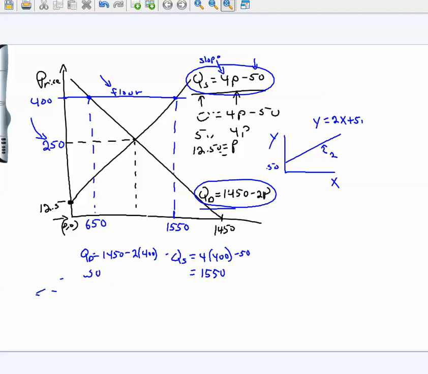We have a quantity demanded over here at 650. So this right here is a surplus, and if I did my math right, the surplus would be 900 units. 900 units. Alright, so that's a sample from an old exam. I hope you found that helpful.